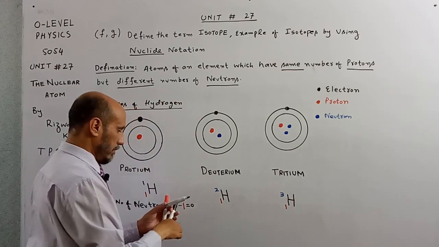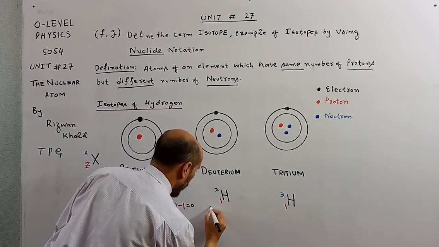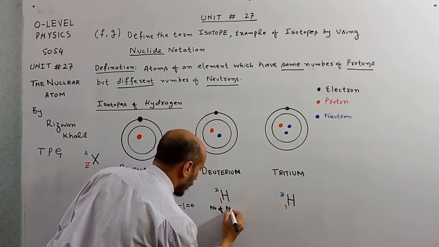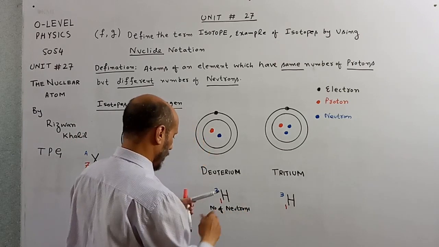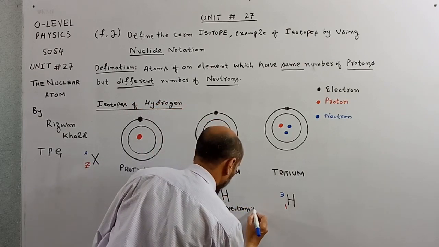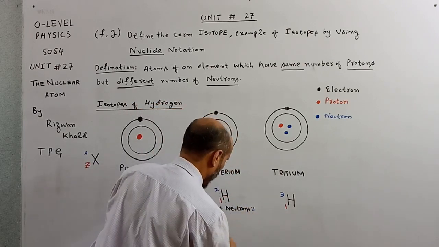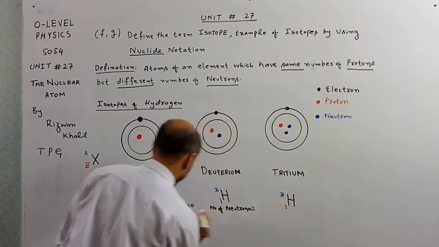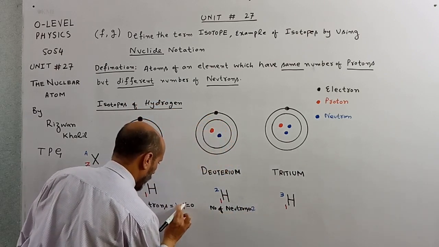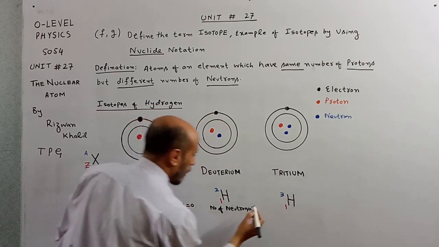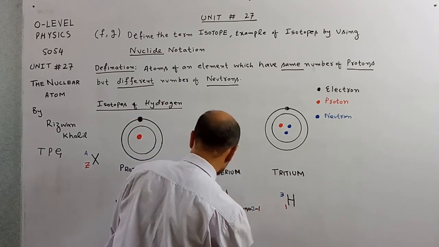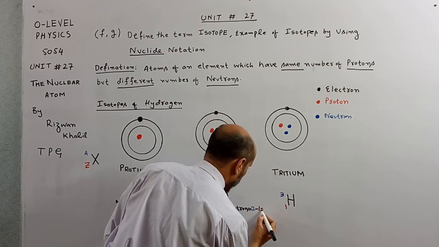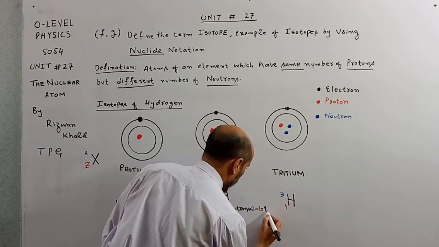In the second example, the number of neutrons is 2 minus 1, which is equal to 1.